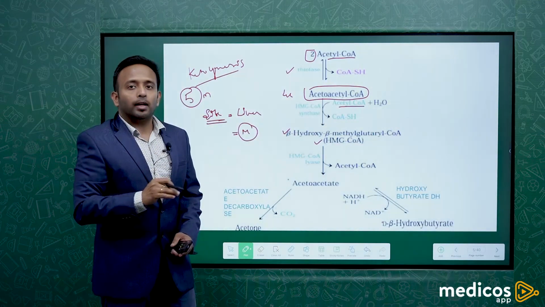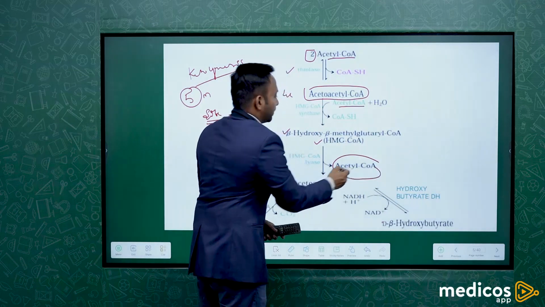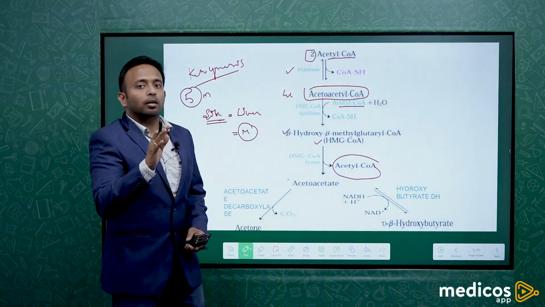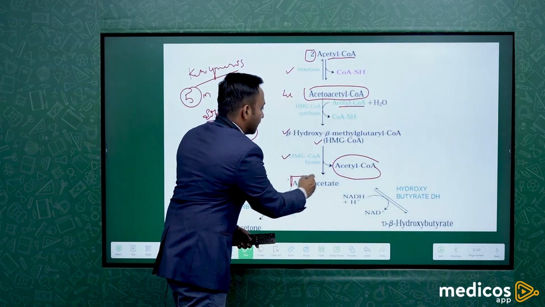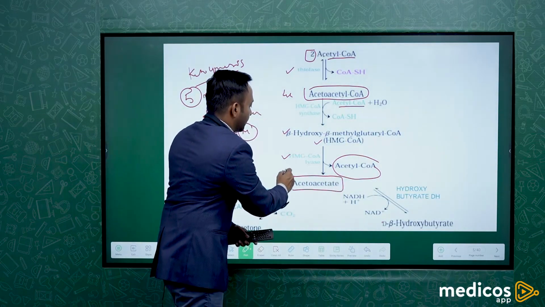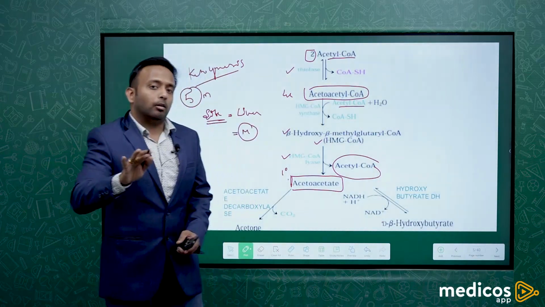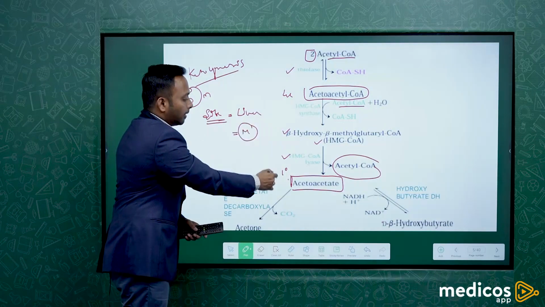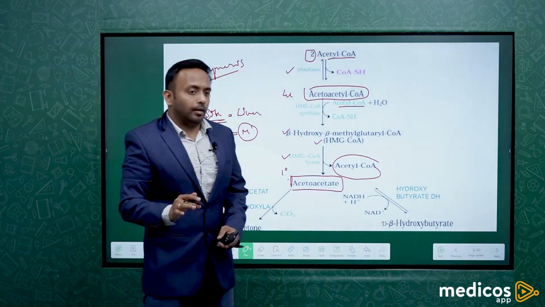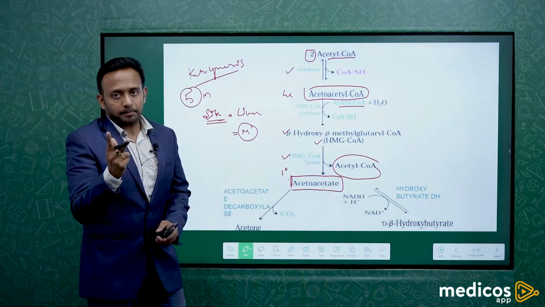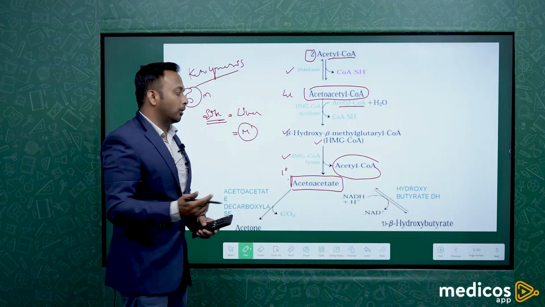Now the HMG CoA will release the acetyl CoA. It will be lysed. HMG CoA is lysed by HMG CoA lyase to synthesize the first ketone body, the primary ketone body. As I told you, acetoacetate is called the primary ketone body because during the whole pathway, it is the first one to be synthesized. Now this acetoacetate will have 2 fates to synthesize 2 successive ketone bodies, the secondary ketone bodies.